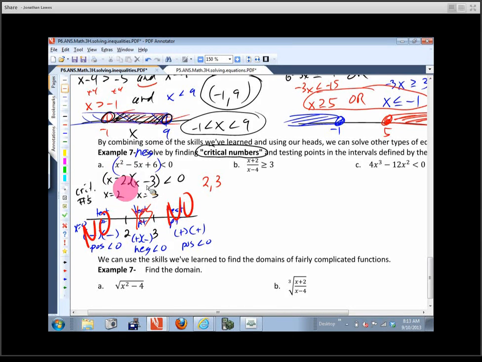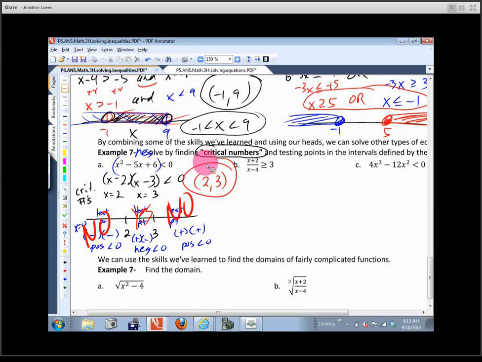This makes each one of those equal to 0. So if you plugged in a 2, this would be 0, the whole thing would be 0. Is 0 less than 0? Nope. If it were a less than or equal to, we could include those, but it looks like this, okay? So that would be the answer.